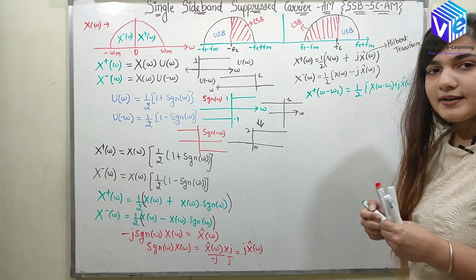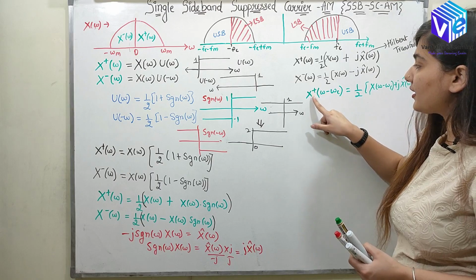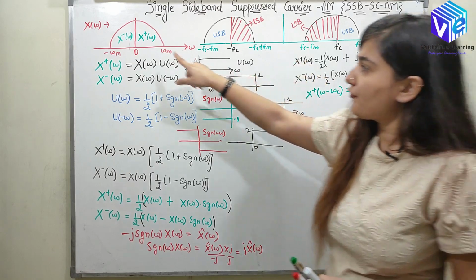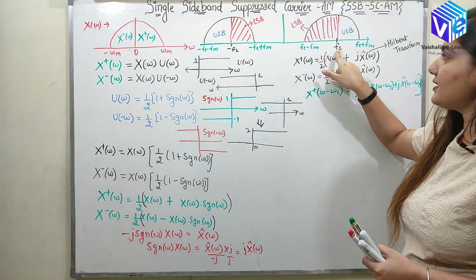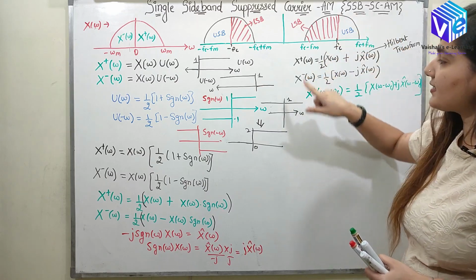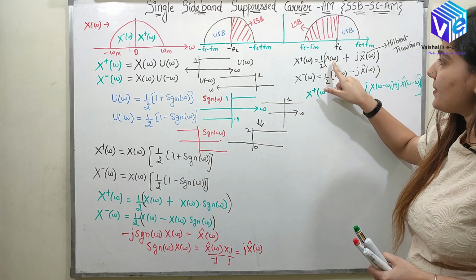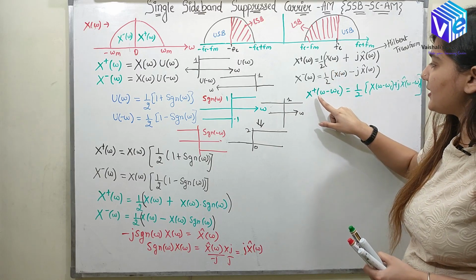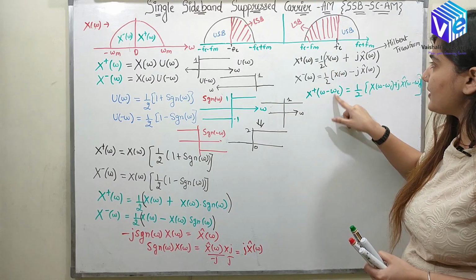So now what I did, I just transformed this signal from 0 to a higher frequency fc, and this is representing my upper sideband. X plus represents my upper sideband.